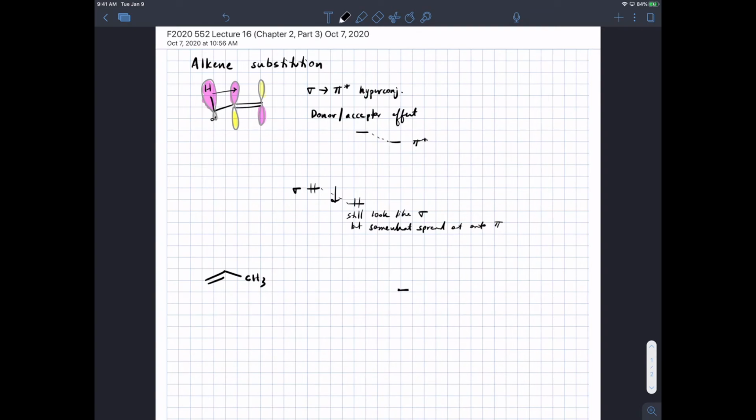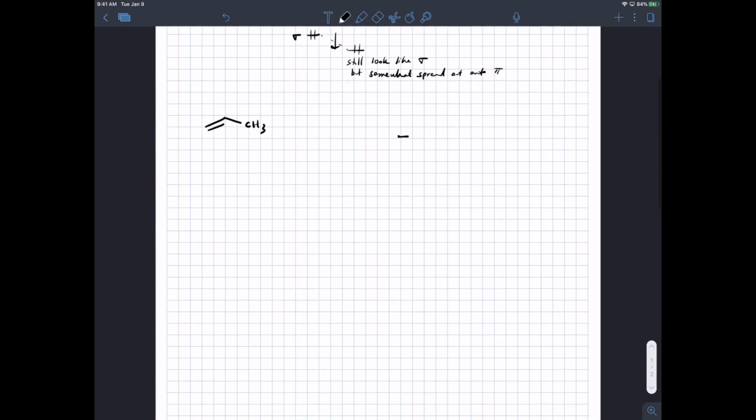I guess if you want, I will do this only for the pi-type orbitals. I'm going to talk about the pi orbitals that are coming in and out of the page, because we've got pi-type orbitals that are in the plane of the sigma bonds, as we know from qualitative molecular orbital theory.